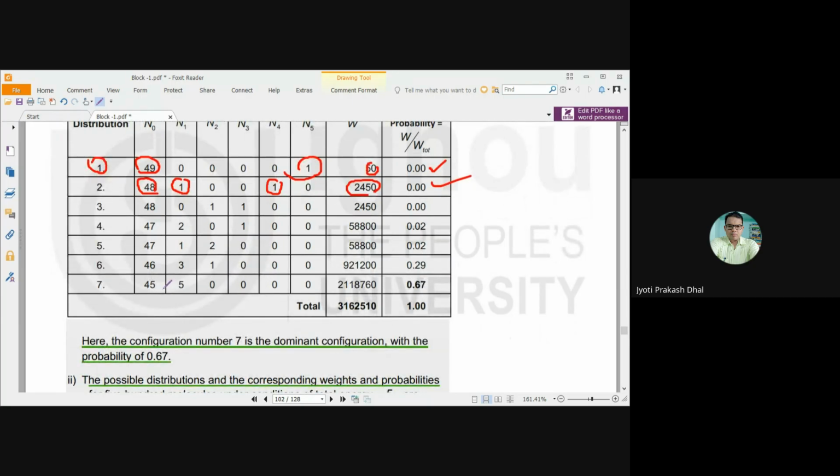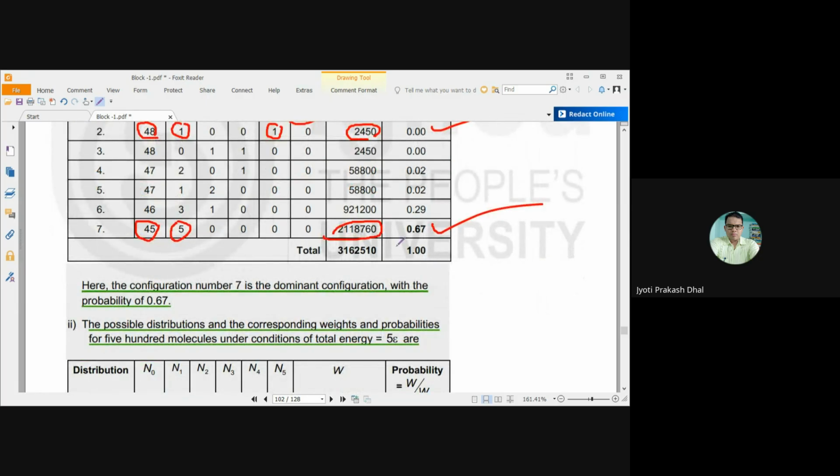Now, when we put 45 molecules in the 0 energy level, 5 molecules in the epsilon energy level, the total will become 5 epsilon, and here W equals a very large number. So here we are getting the probability 0.67. And if we add the total probability, that will become 1.